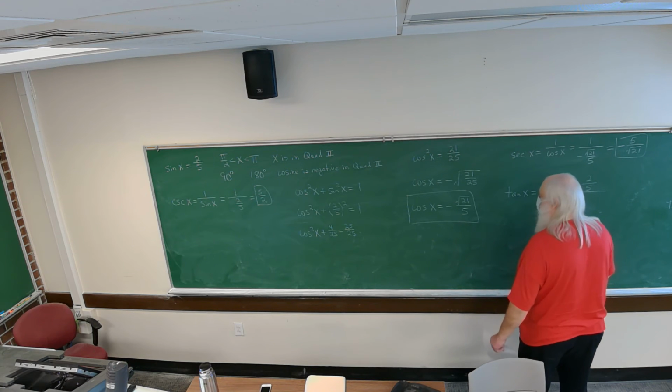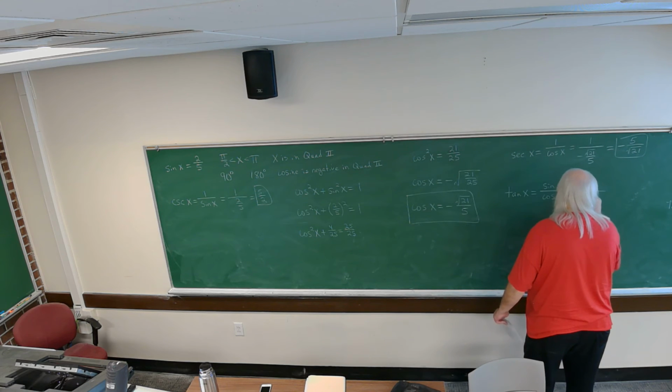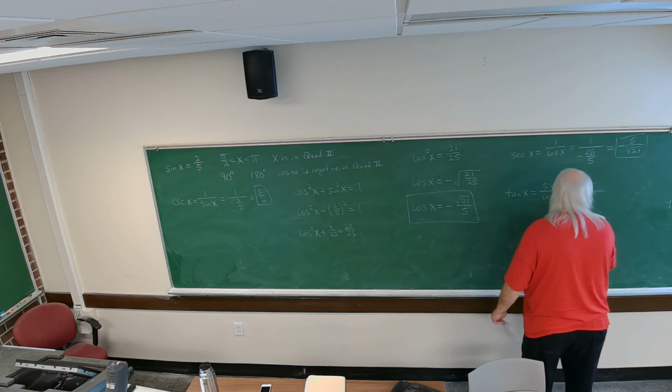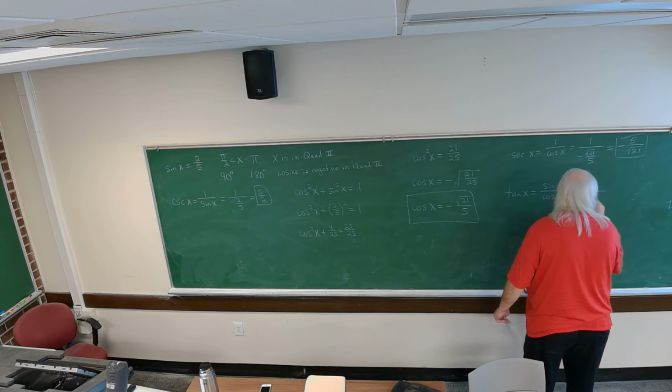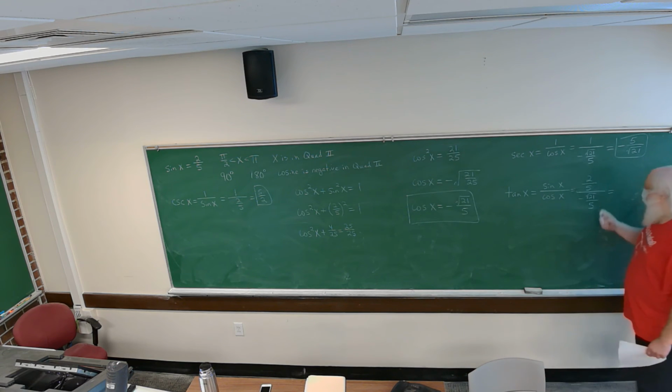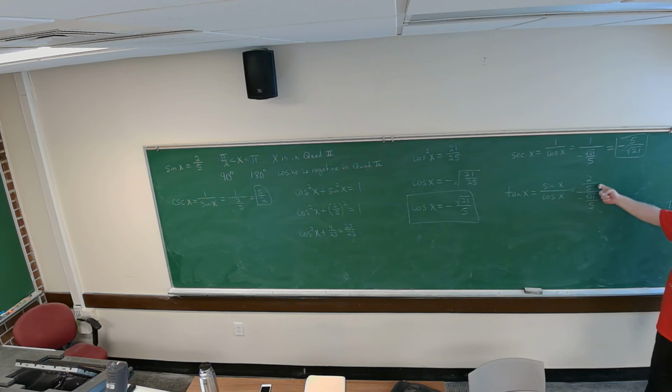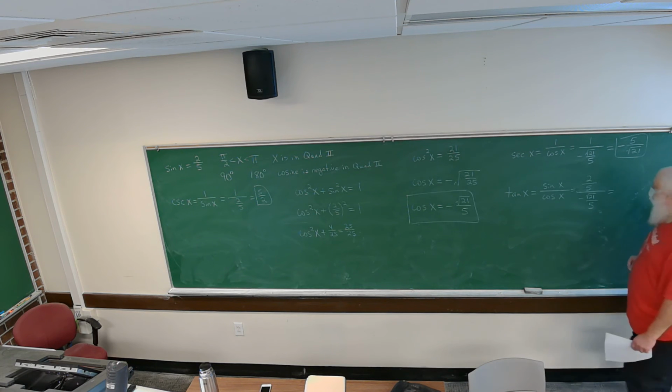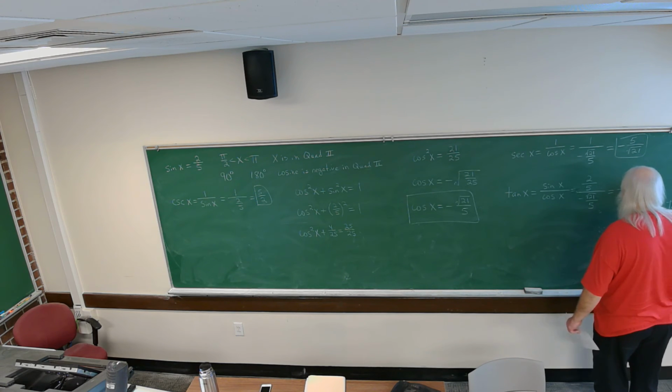Cosine of x is minus square root of 21 over 5. And when you keep the first bracket, keep switch flip, and multiply, right, the 5's cancel, and you're left with minus 2 over the square root of 21.